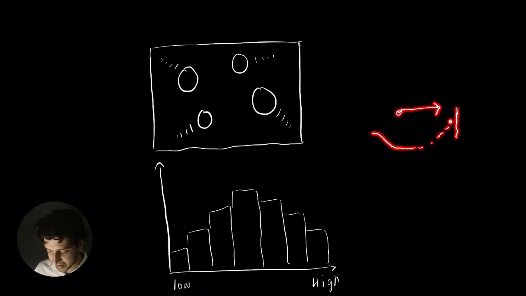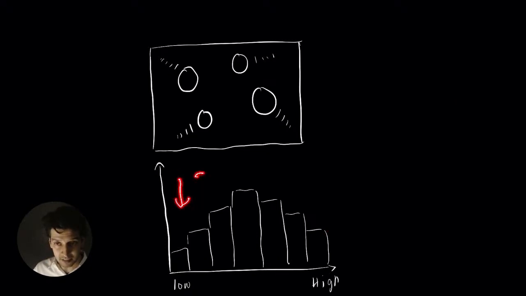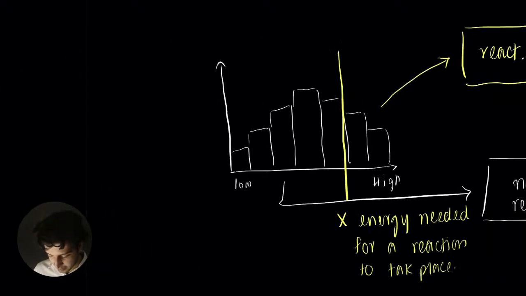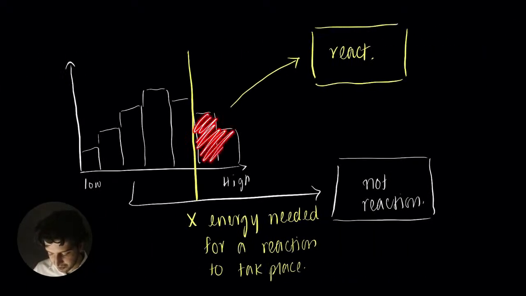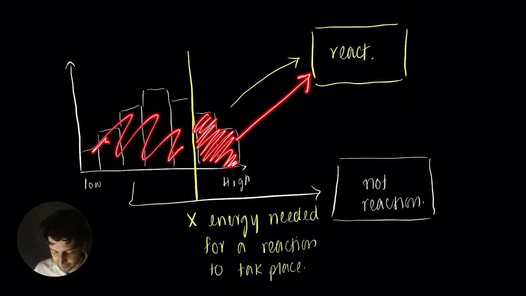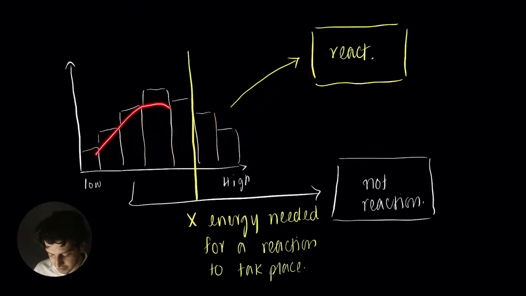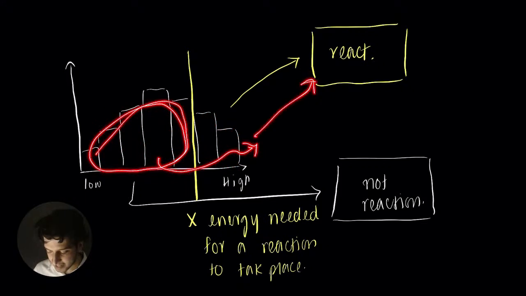Then it'll pick up speed again, and maybe it'll get hit by something else and get really high in speed, so it'll come here. It's not like grades, where once you don't get a good grade, you don't change it until you take a retest. Their energies are changing, but at a single time, only a certain amount of particles have enough energy to react, and the rest won't. Over time, they will slowly speed up or slow down, fall in this criteria and end up reacting.